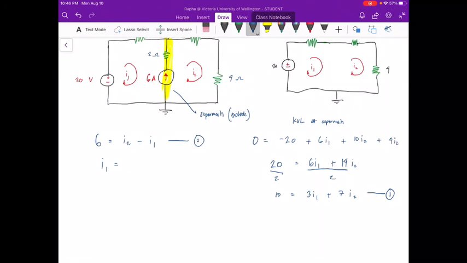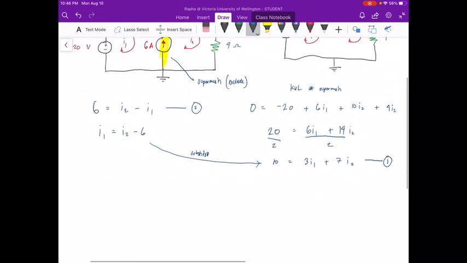So we have I1 is equal to I2 minus 6 and we will substitute this to equation 1. We have 10 is equal to 3 times (I2 minus 6) plus 7I2.